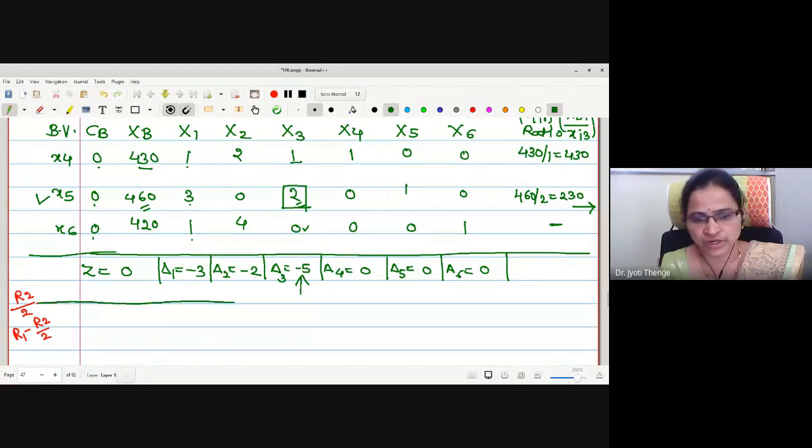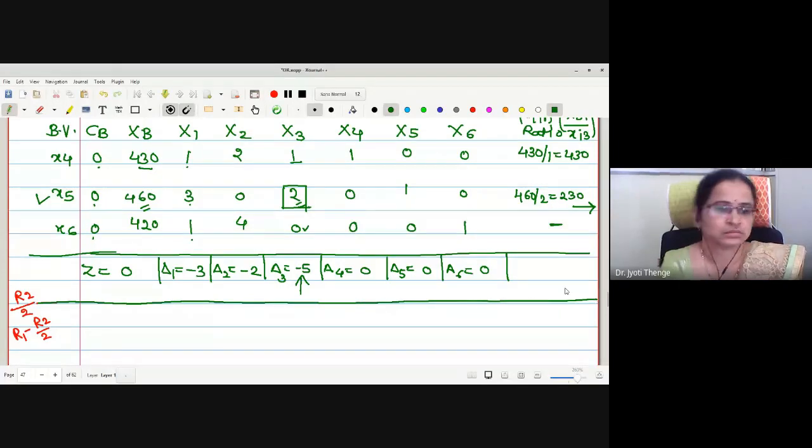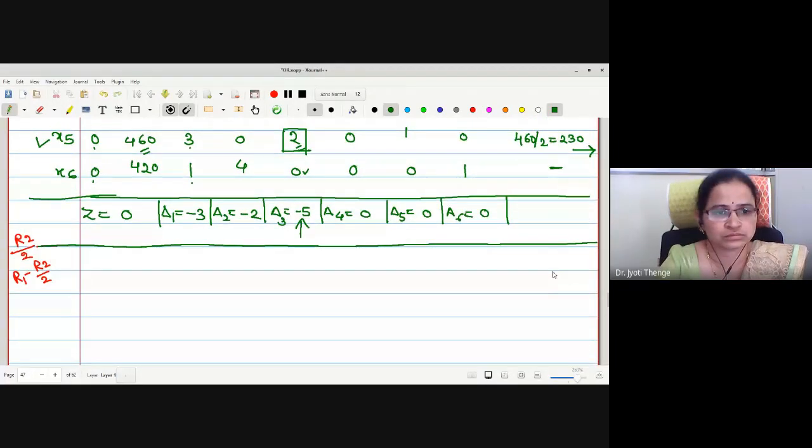No need to draw three different tables. You can write one below the other. Now what are the basic variables? X4 is already there. Instead of X5, now we have X3, na?